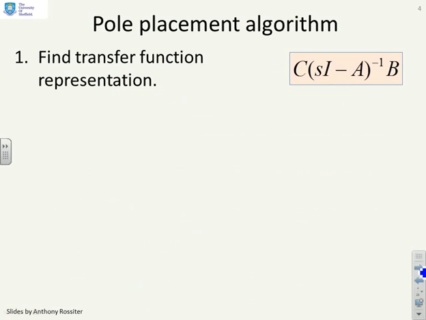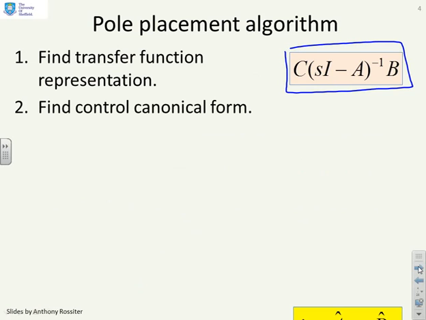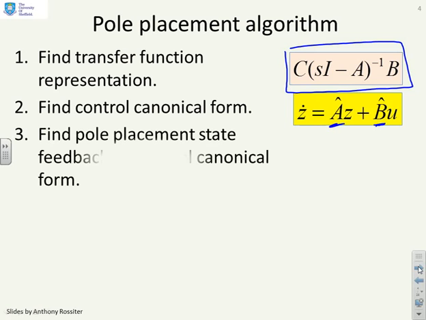Reminder then of the pole placement algorithm using transformation. What you do is you find the transfer function representation by doing this, C(sI minus A) inverse B on your original model. You then find the corresponding canonical form, and here I'm using z for the states of the canonical form and A hat and B hat for the matrices. You then use your pole placement state feedback for the control canonical form, which is relatively straightforward, so you define K hat.